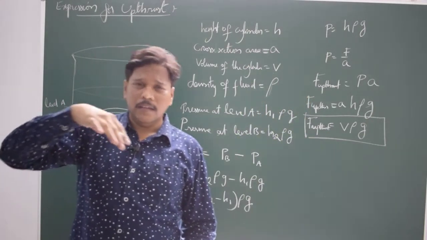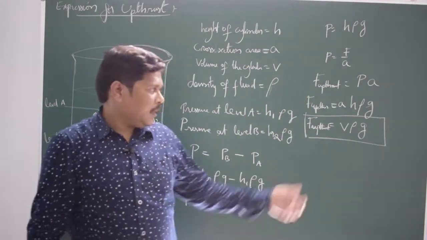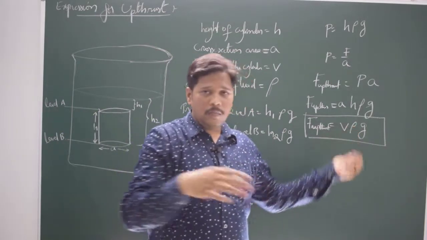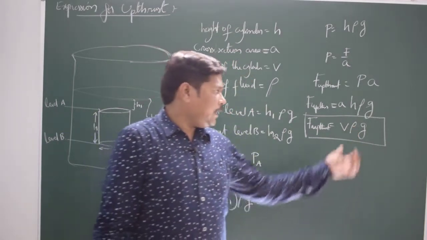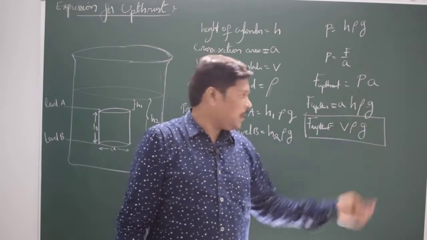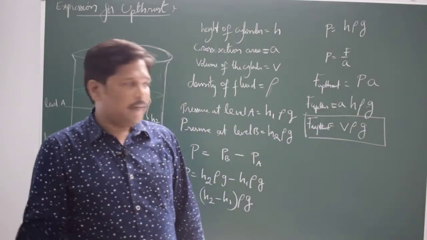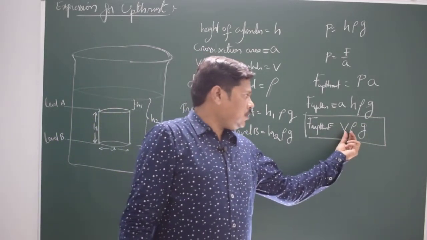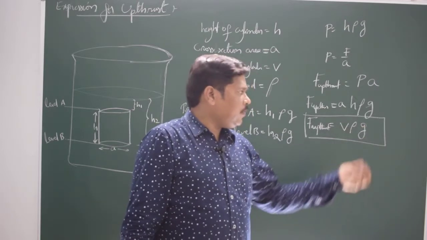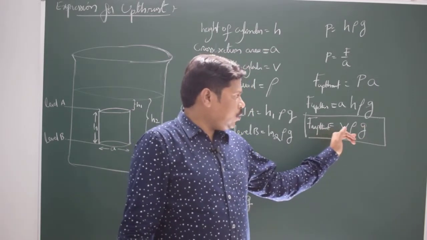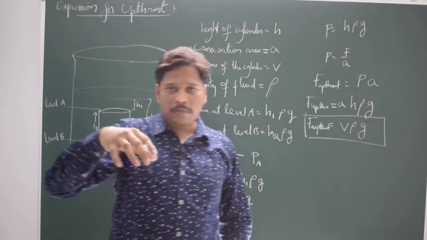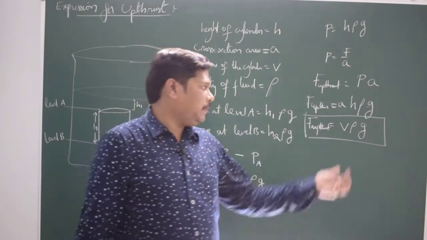Upthrust exerted by a liquid depends on the volume of the body which is immersed in it, the density of the liquid, and the acceleration due to gravity. Since this is the density of the liquid, don't get confused, V is the volume of the object immersed in the liquid.